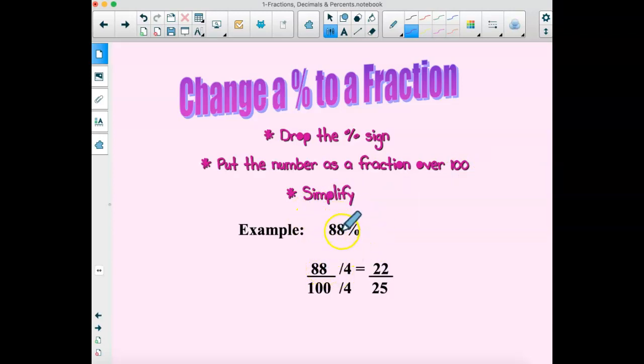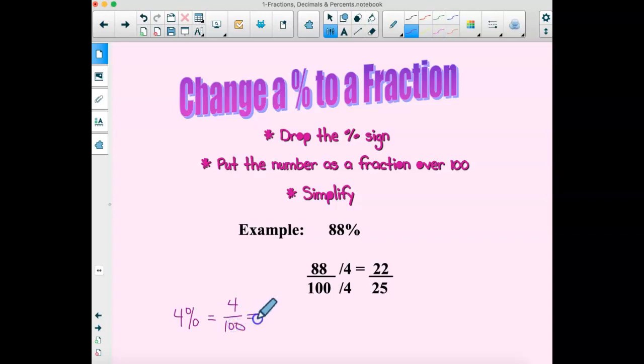88% would be 88 over 100. Those numbers can both be divided by 4, so it would be 22 over 25. So if I gave you, let's say, 4%, and we wanted to write that as a fraction, that's the same as 4 over 100.